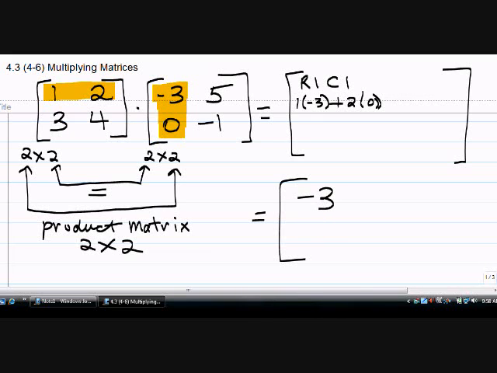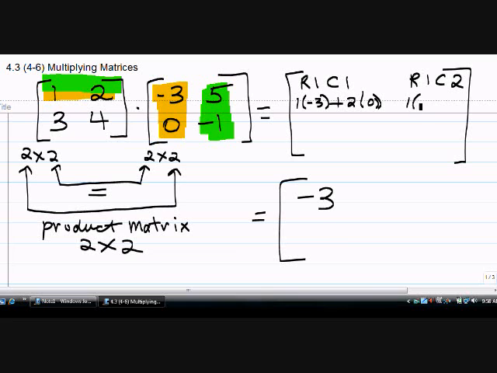Okay, the element to the right of that is still on row 1, but it's column 2. So I'm doing row 1, column 2, product and sum in this way.